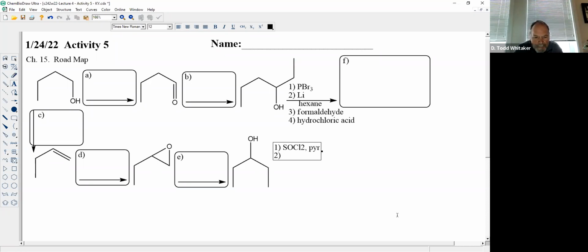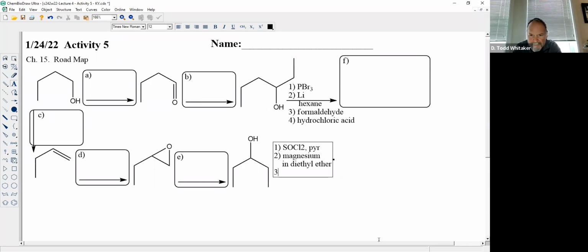Two, magnesium in diethyl ether. What does that mean, in diethyl ether? That's just a fancy way of saying the solvent is diethyl ether.